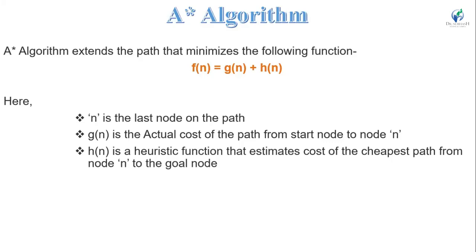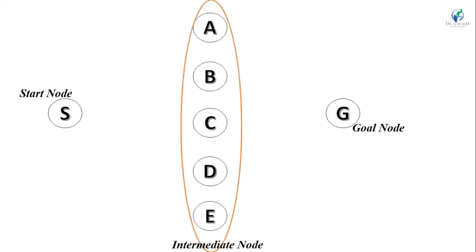Now we can learn how to find f(n), g(n), h(n) with the help of an example. Here we can see we have start node S and goal node G. We can find the shortest path to reach the goal node. We have intermediate nodes A, B, C, D and E. All those nodes help us reach the goal node.